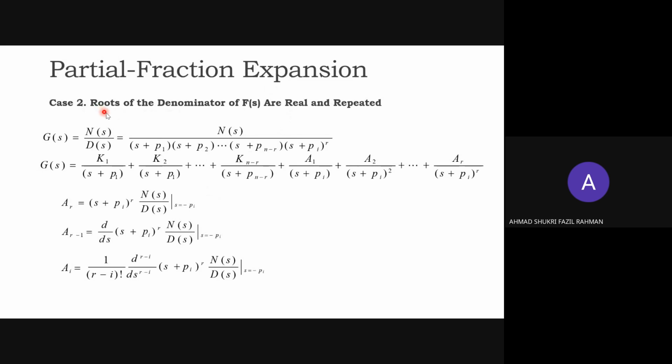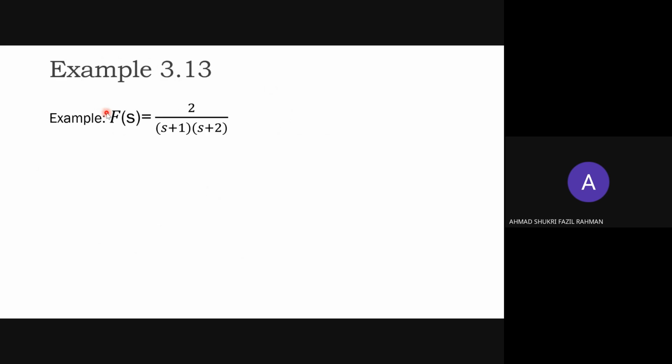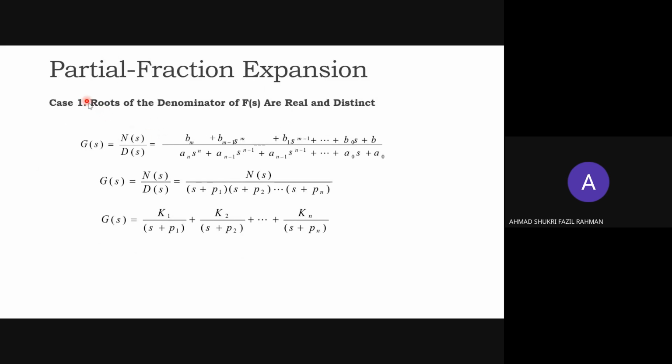What is a root? Referring to the example for case 1, the transfer function G(s) is actually N(s) over D(s), which is the polynomial of the numerator divided by the polynomial of the denominator.